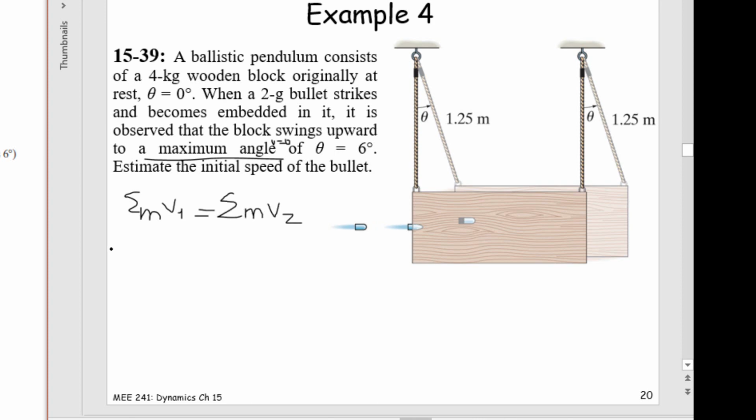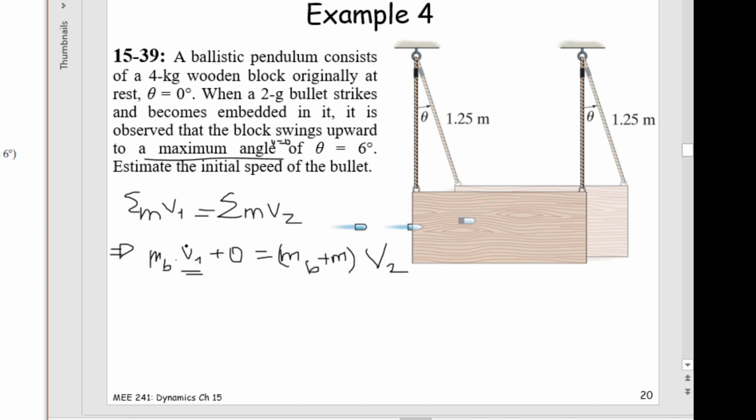The sum of mv1 just before collision is only for this bullet, because the block was at rest. So m bullet times v of the bullet, which I need to find, plus 0 for the block, is equal to mb plus the mass of this block, times v. Let's call this v2.